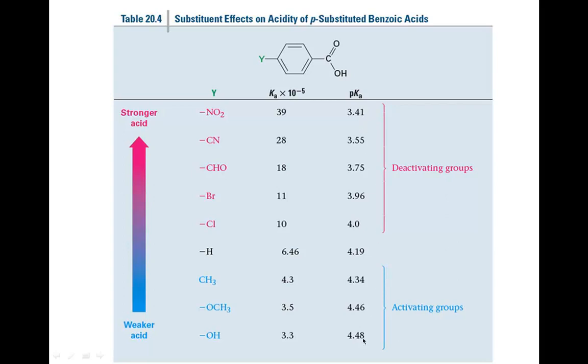Or we can go the other way, and so all of these are in the range. Remember, I said the typical thing is around 5-ish, so we're all in that ballpark, but we see these trends. And remember, these things are color-coded to match up with the color coding in the aromatics chapter.